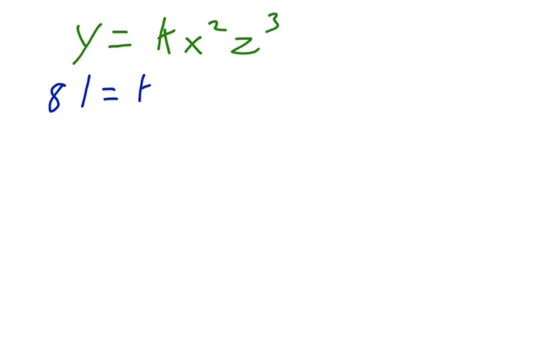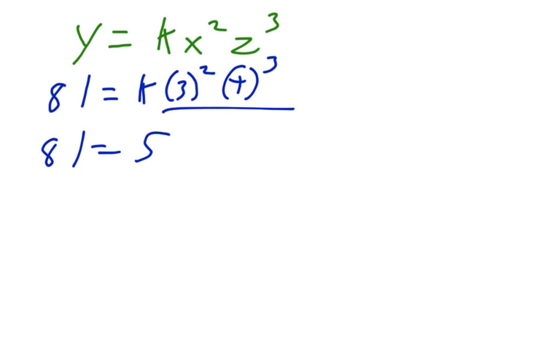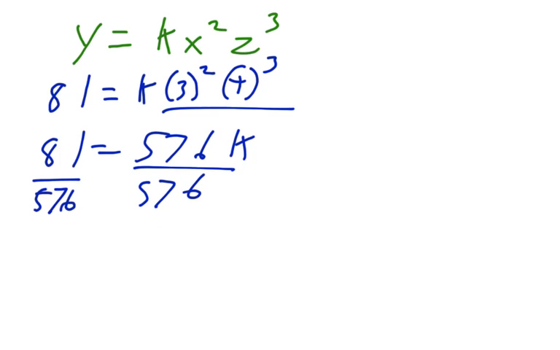Alright, for problem number 15, we have y varies jointly with the square of x and the cube of z. So if y equals 81 when x equals 3 and z equals 4, I'm going to multiply all of these together. And so I got 81 equals 576k. Divide both sides by 576.